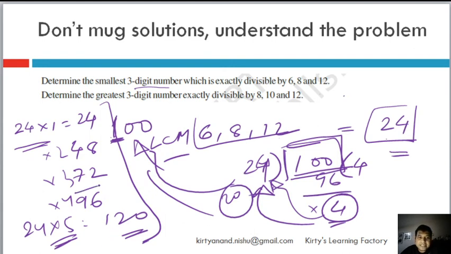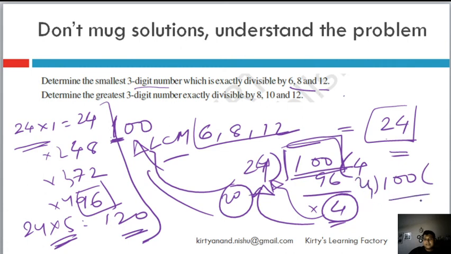Now 96 is the largest 2-digit number which is exactly divisible by 6, 8 and 12. And if that was the question, then again the method would change: you take the smallest 3-digit number, you divide by LCM, whatever remainder you get, you subtract from 100, and you will get 96 because the remainder is 4.